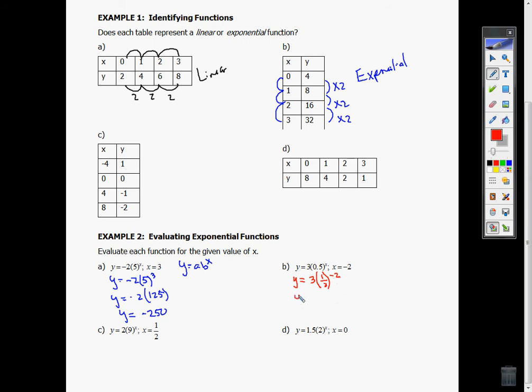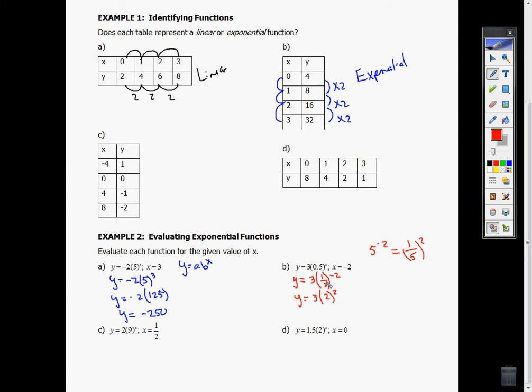So now I have to evaluate y equals 3 times 1/2 to the -2nd. Now negative exponents require me to flip the base. Okay, this is a 1/2, so that means that I have to take the reciprocal of it, 2, and raise that number to the positive exponent. In class we've mostly been dealing with when it says something like 5 to the -2, and it's a whole number. I take the reciprocal, 1/5, and then I can raise that to the positive.